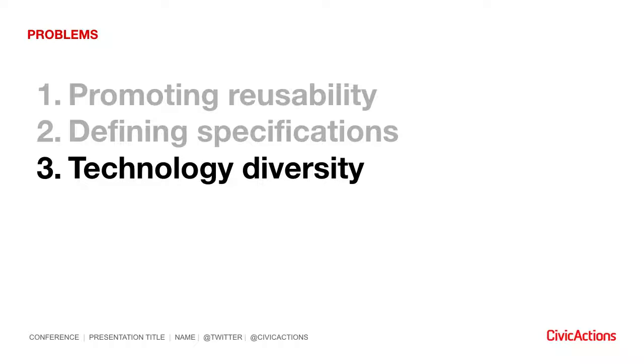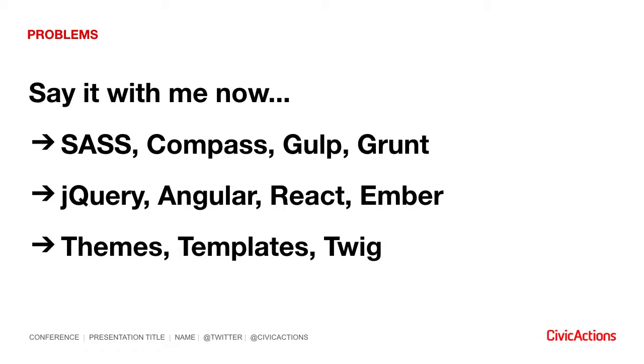The next problem is around technical diversity. And I think this is a major issue. A lot of these ideas were formed in 2013, but some of the principles have been around for quite a long time. There's all this different technology out there that in some way, shape, or form can be combined to solve these problems.